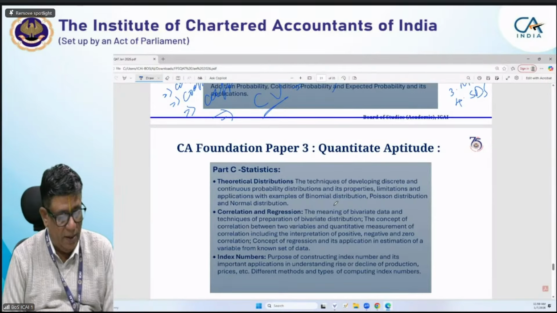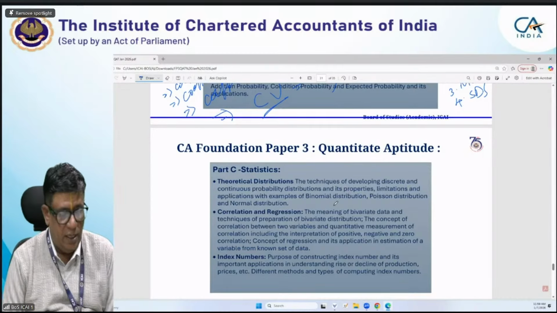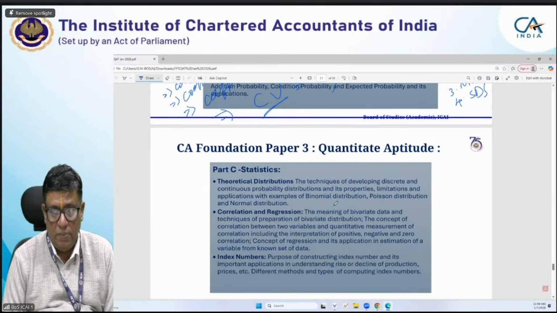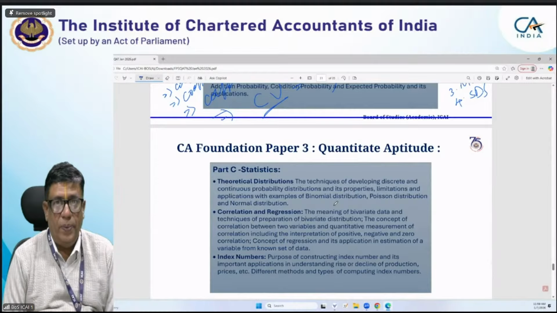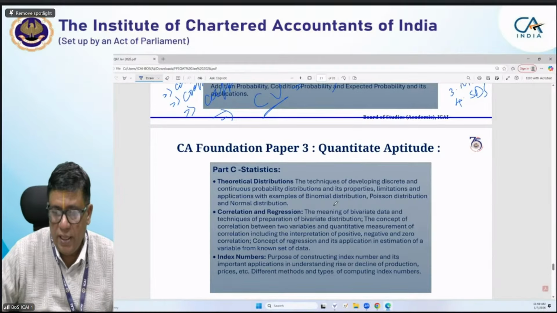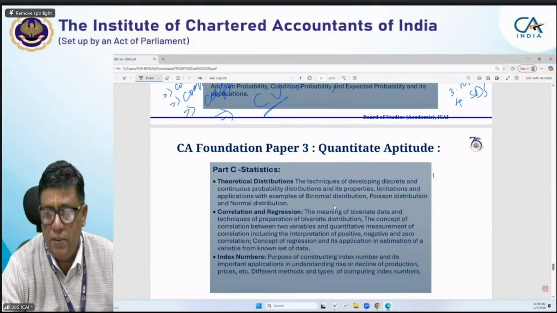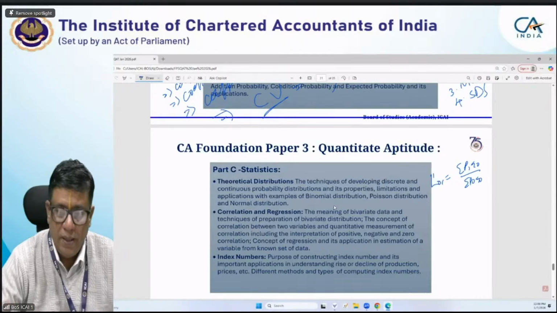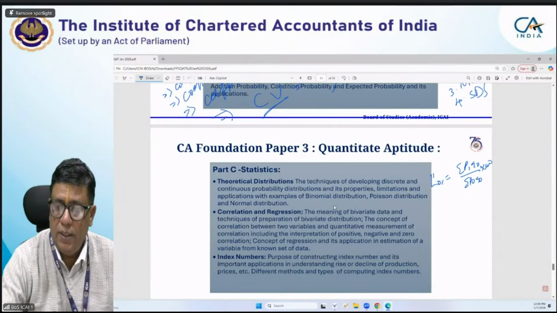And apart from that, Laspeyres index numbers based on the weighted index number, which is written as Laspeyres index number L01 equals sigma P1 Q0 by sigma P0 Q0 into 100. That is for the general purpose actually.